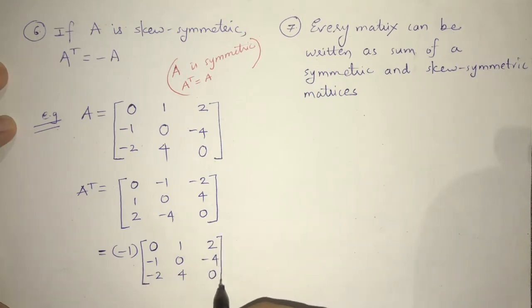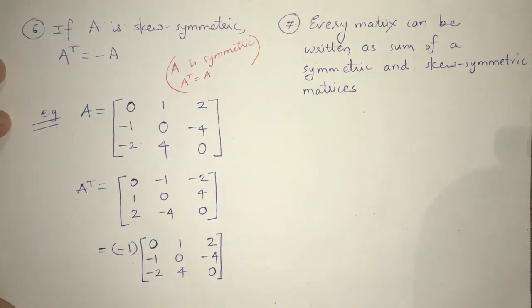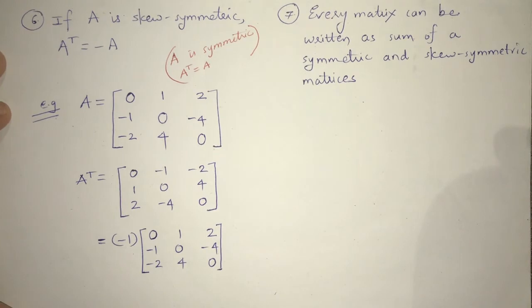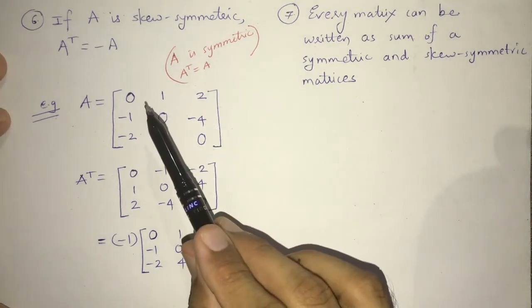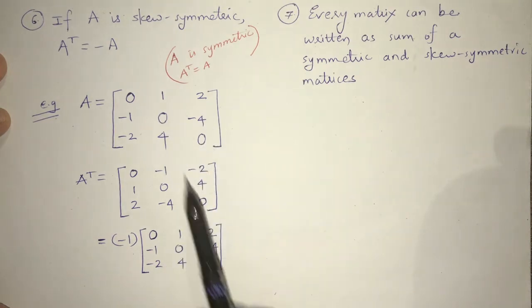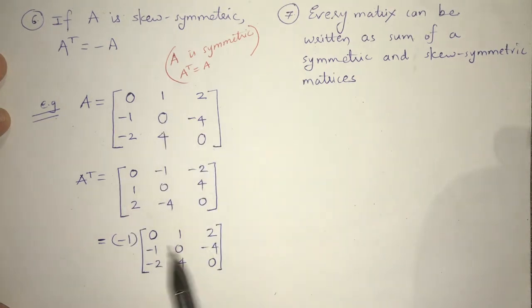We take -1 common from every element. Now if you see the matrix A, it's the same. So this is same as -1 into A. So A transpose is minus A.